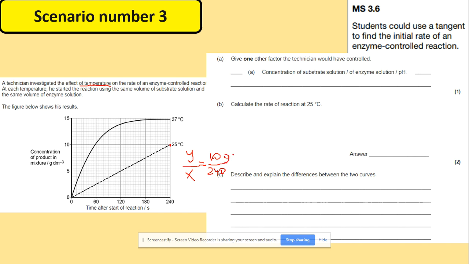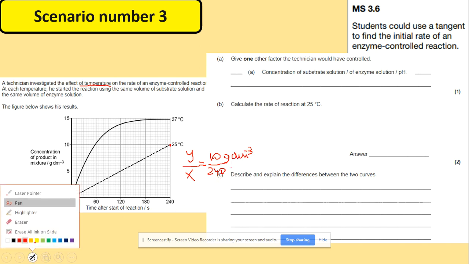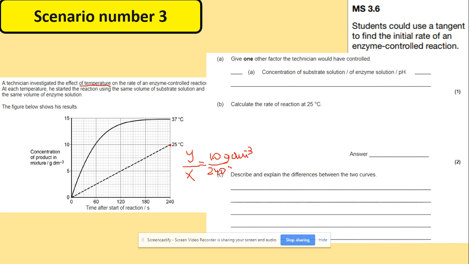Here we've got grams per decimetre cubed, and on that we had seconds. Once you've done this working out, our answer is 0.04 grams per decimetre cubed per second.